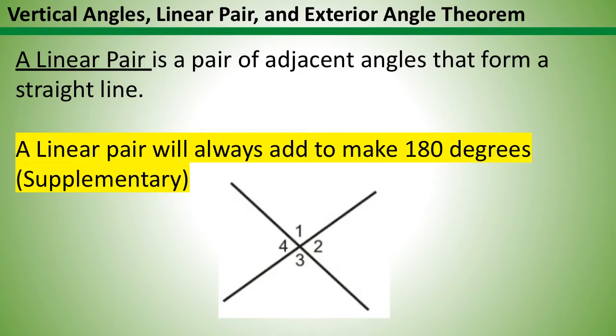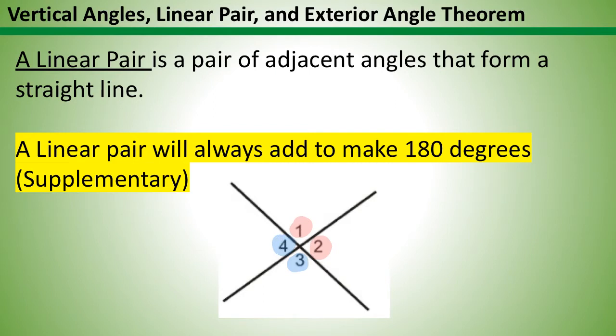Another one we need to know is a linear pair. And linear pairs are angles that are adjacent to each other, and they form a straight line. So a linear pair would be angles 1 and 2. They form a linear pair. 3 and 4 also form a linear pair.